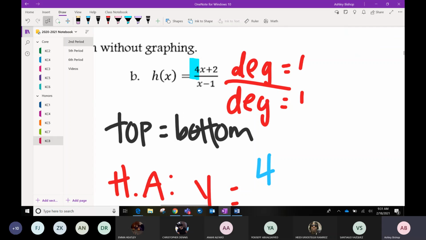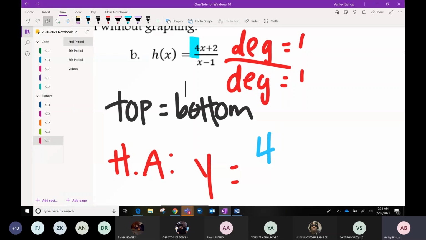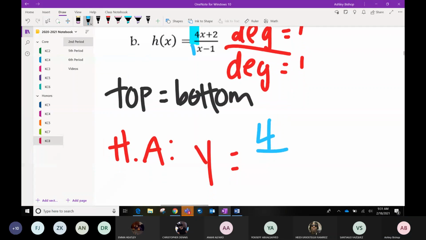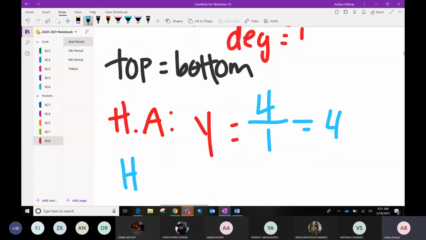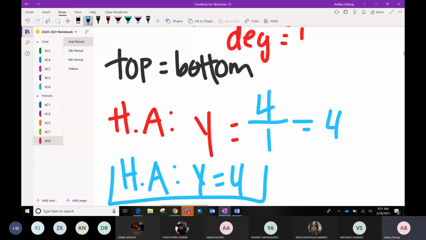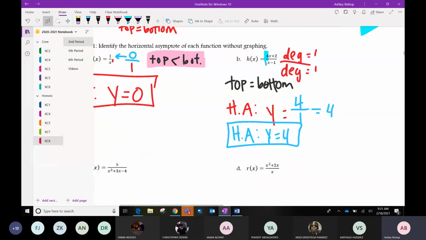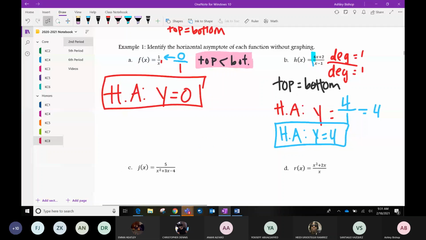In the chat, what's the leading coefficient on the bottom? 1. Good. When there is no coefficient, there's a 1 there. 4 divided by 1 is just 4. So my horizontal asymptote is equal to y equals 4. Okay. Not too bad.